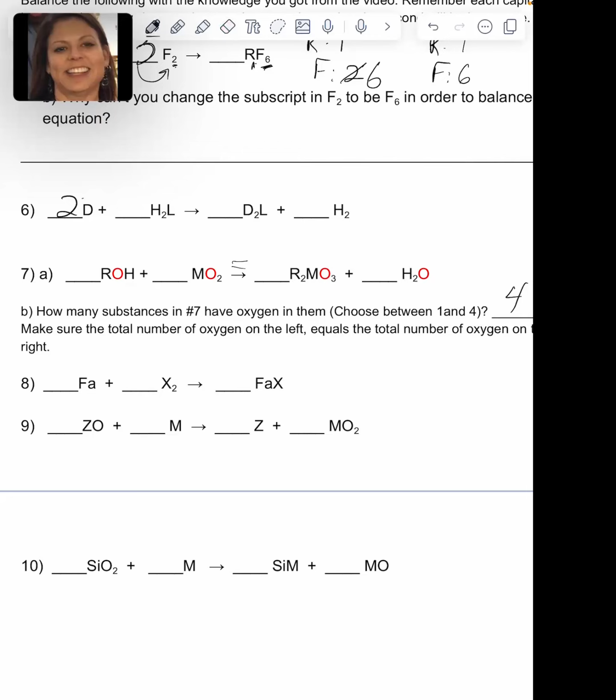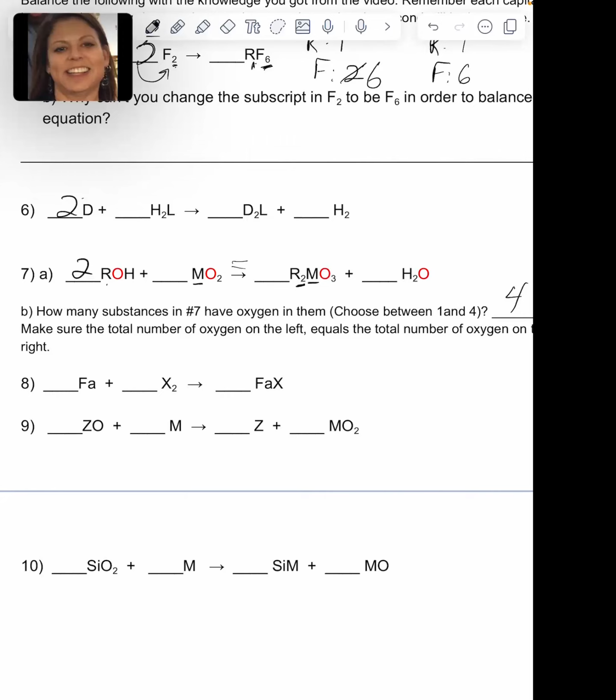So let's start with the R. 1 R there, 2 R's here. I need more R. I would leave oxygen to the end because if you wind up changing the R's or the M's or the H's, it's going to affect the O's. So I put a 2 there so that I have 2 R's. Now the M's, 1 M there, 1 M there. So he's good.